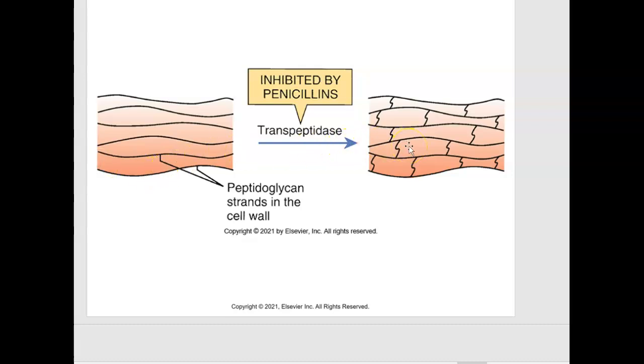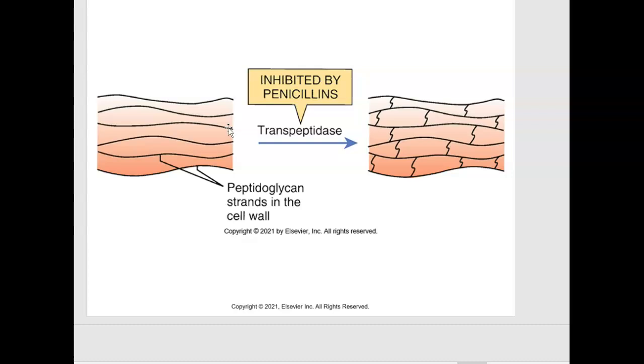These transpeptidase cross bridges are kind of like the strands within a muscle, keeping it tight and taut and held together. So if I give the penicillin, it weakens and inactivates the transpeptidase, making a very weak and not as tightly structured wall.